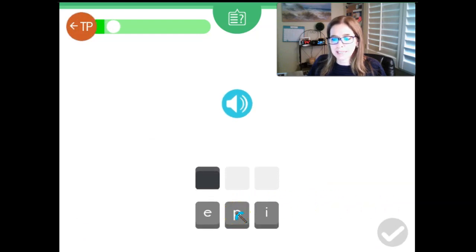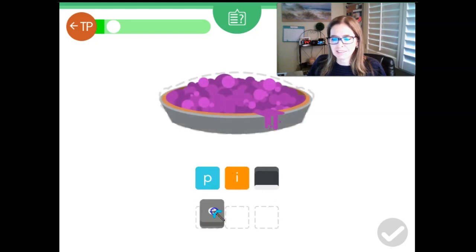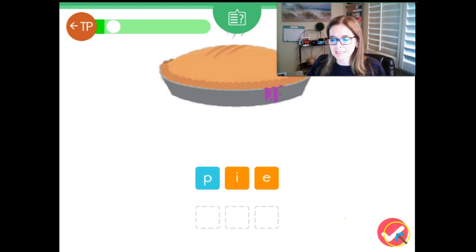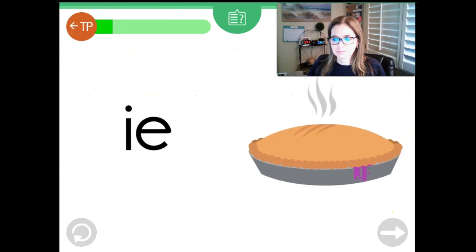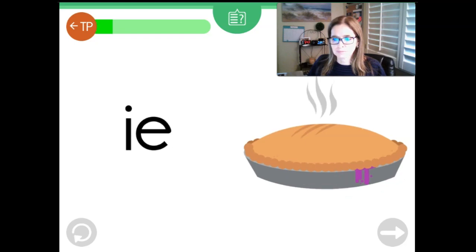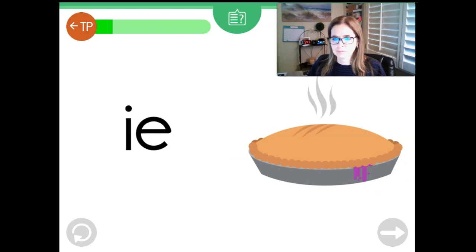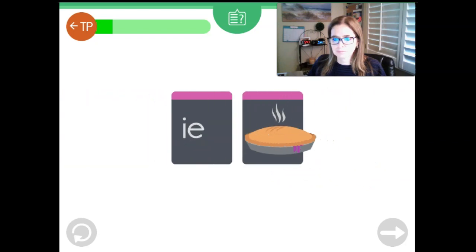In the word pie, at the beginning I hear p, and then I hear the two-letter spelling for the I, as in pie. The pie sound says I, pie, I. And it's up there on our sound chart.